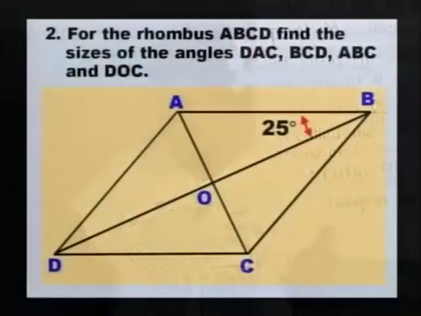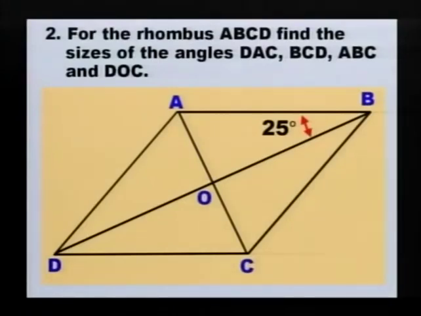Question 2. In the rhombus ABCD, find the sizes of angles DAC, BCD, ABC, and DOC. Anyone? Daniel. A equals 116 degrees.